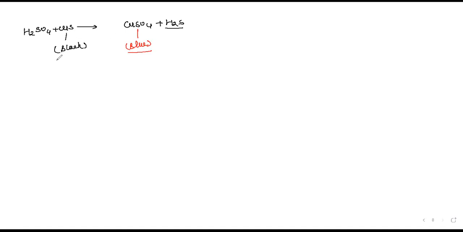Then beta, again, concentrated H2SO4 is a non-volatile acid. You know this. And this statement is basically used in the preparation of other acids like HCl and HNO3.